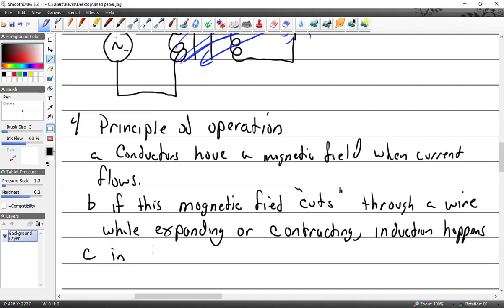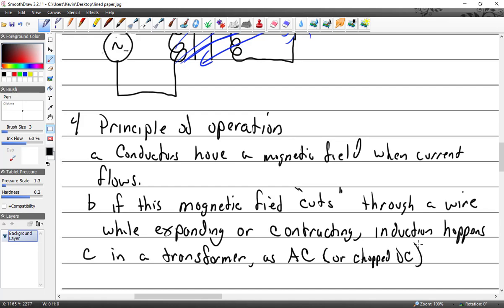So in a transformer, as AC is fed into the primary, I'm going to put parentheses, AC or, is it chopped DC.